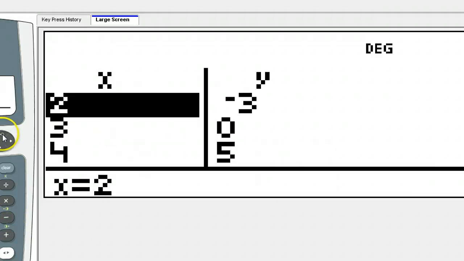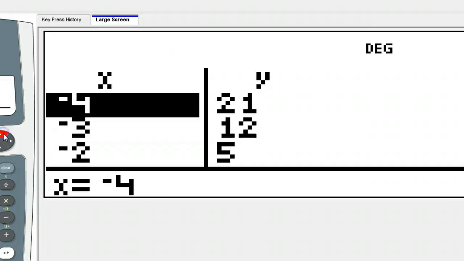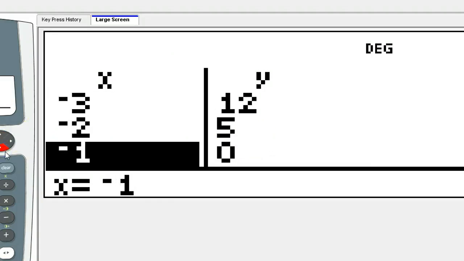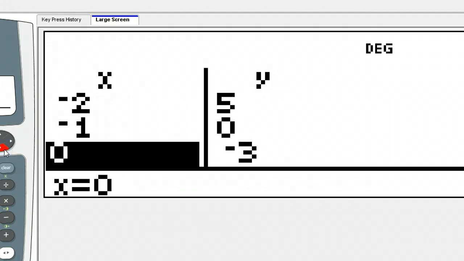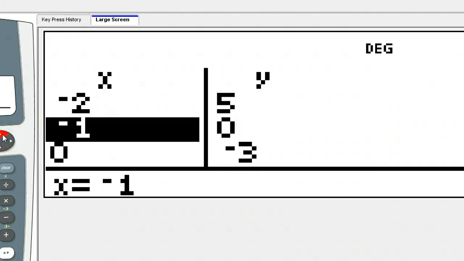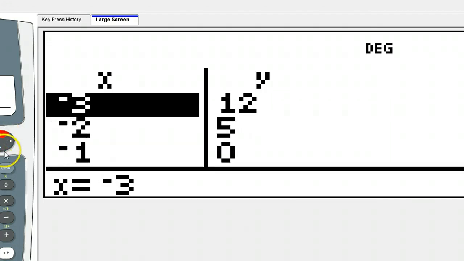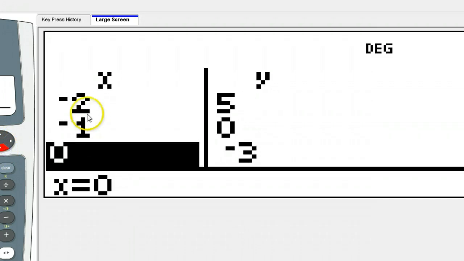Okay, let me scroll up for a minute here. Okay, 12, that's off the chart. So I like to just start with the first numbers that fit. Okay, so negative 2 comma 5. Coming from the top of the chart, negative 2 comma 5 is the first point that fits on the graph.